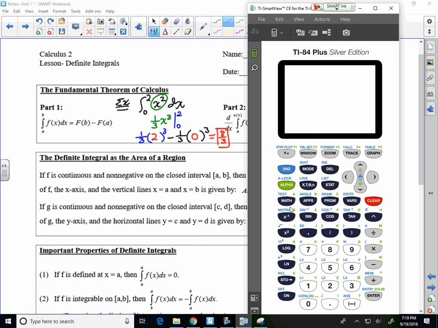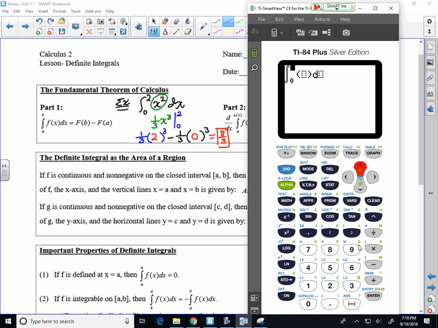Go into your home screen and hit Math 9. Most of you have seen it before. Otherwise, it would have been like, oh my God, they're so incredible, you're so awesome, we love you. So all you have to do is make this look like that, and it'll get you to this. All right. That'll address the fundamental theorem part 1.